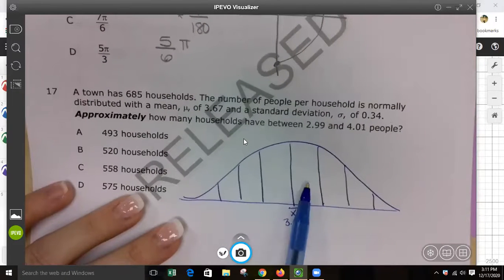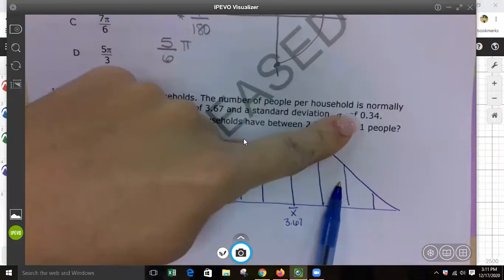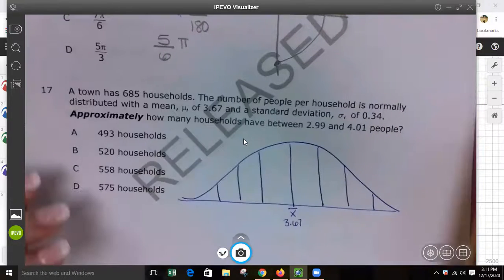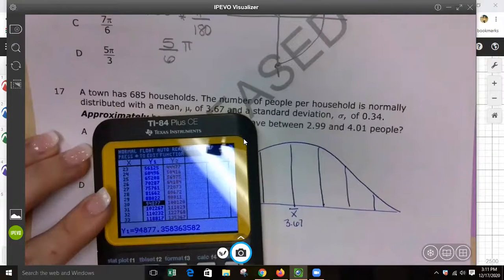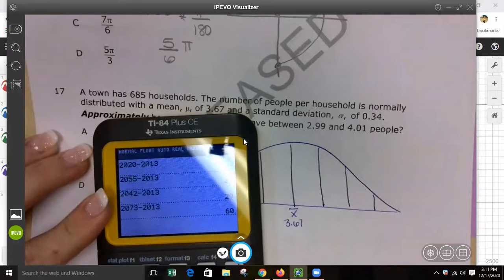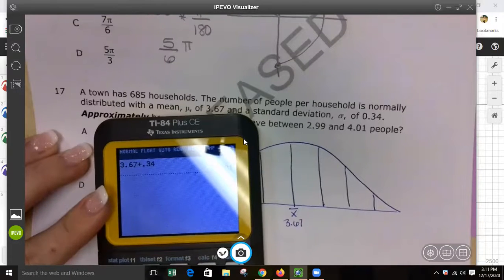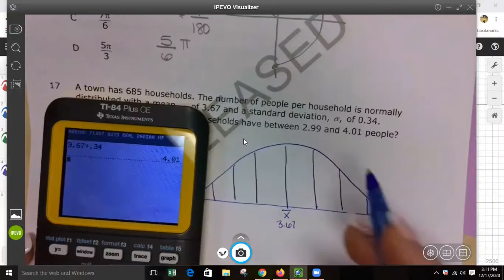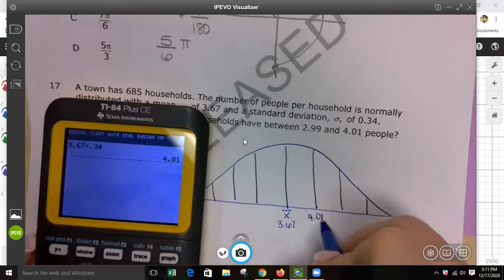Remember, each width of these bars is a standard deviation. So one standard deviation above 3.67 plus 0.34 would be 4.01. That's the number we were talking about.